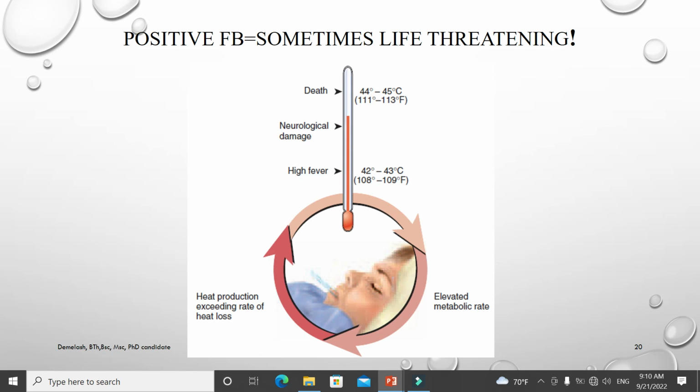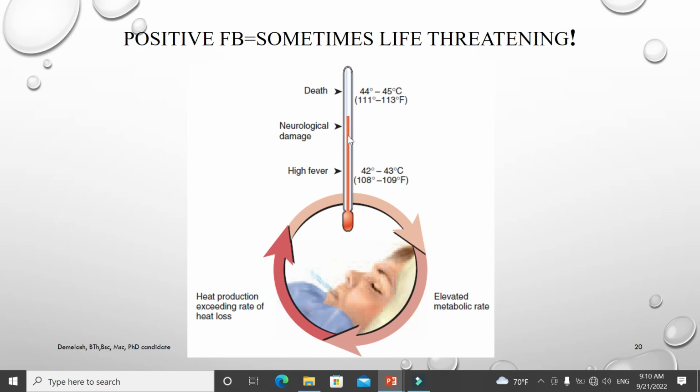Let's take one example. A positive feedback system sometimes is life-threatening. Why? Because it promotes the situation in one direction only. Here is an elevated metabolic rate. Then heat production exceeds the rate of heat loss. Then it will repeat itself. High fever will reach 42 to 43 degrees centigrade, about 108 to 109 degrees Fahrenheit.